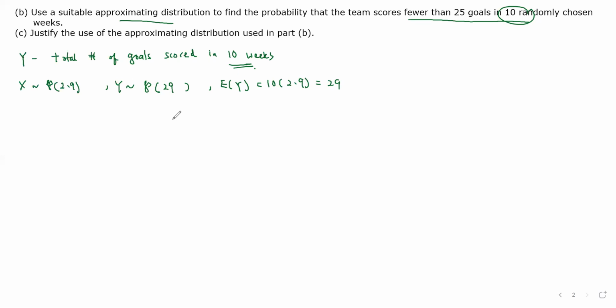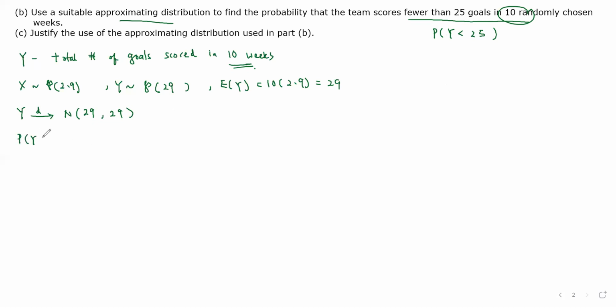For a large mean, Y can be approximated by a normal distribution, where the mean is 29 and the variance is 29 as well. We need to find the probability that Y is less than 25. Calculating that using a Poisson distribution is a waste of time.